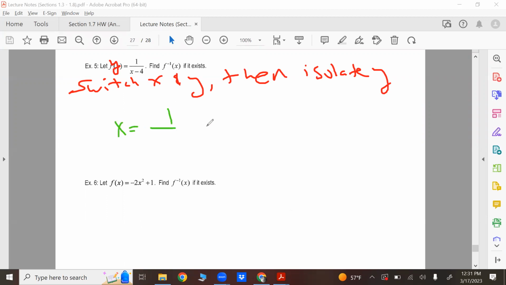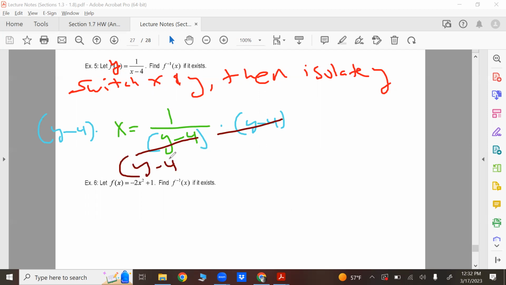Now this is where the algebra comes into play. How do I isolate y? How do I do it? Multiply by y minus 4. Yeah. Okay. Good. And then divide by x. So then you got y minus 4 equals 1/x.